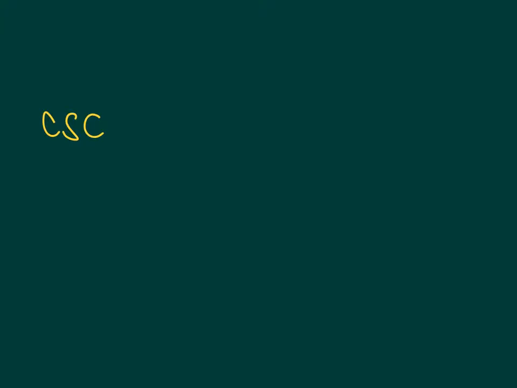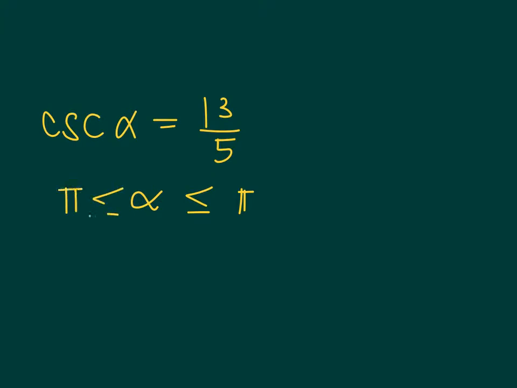Given that cosecant alpha is equal to 13 over 5, and note that alpha is less than pi but bigger than pi over 2.